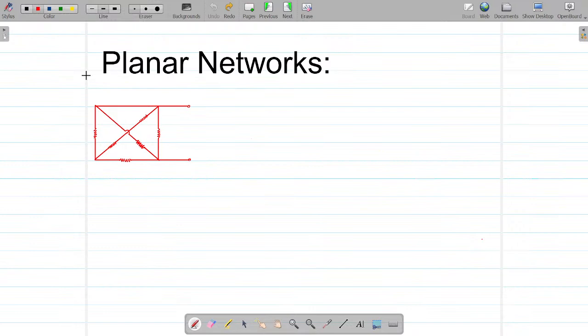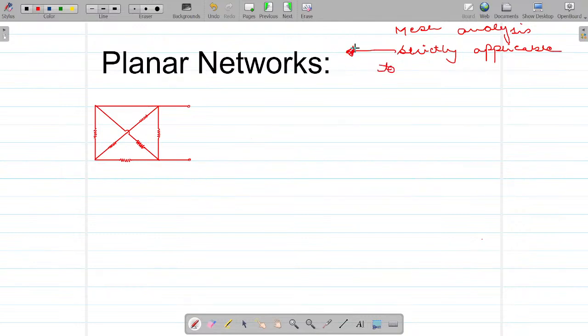The truth is, mesh analysis is strictly applicable to planar networks. Right?